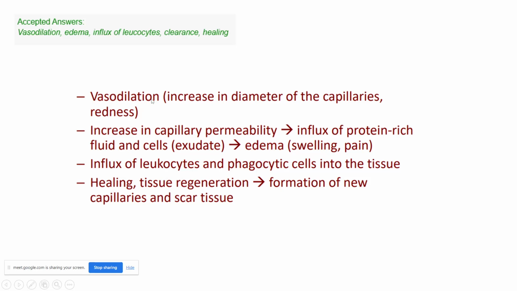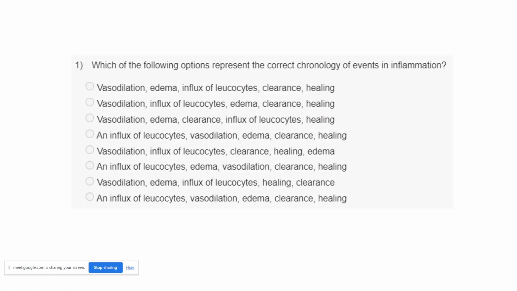In vasodilation, there is increase in diameter of the capillaries and redness, followed by edema, wherein increase in capillary permeability leads to more influx of protein-rich fluids and cells and leads to swelling and pain. This is followed by influx of leukocytes and phagocytic cells into the tissue, and then healing or tissue regeneration or formation of new capillaries and scar tissue. So the first option is the correct answer.